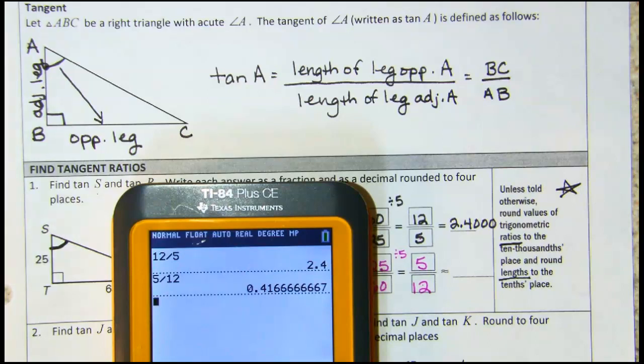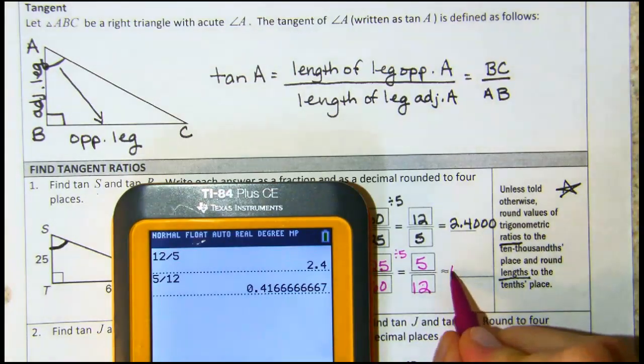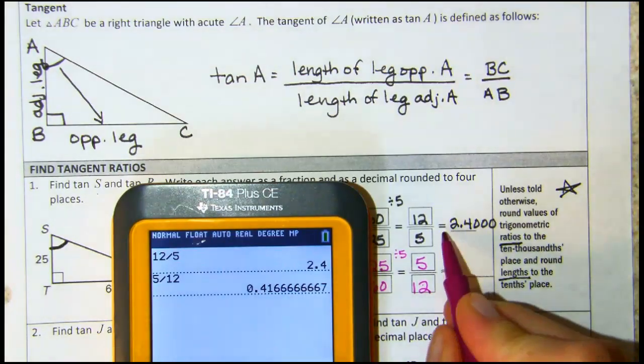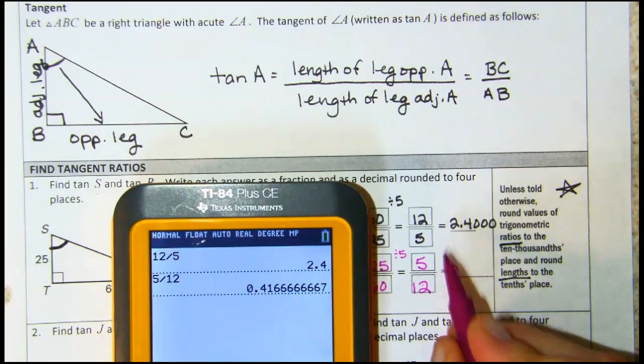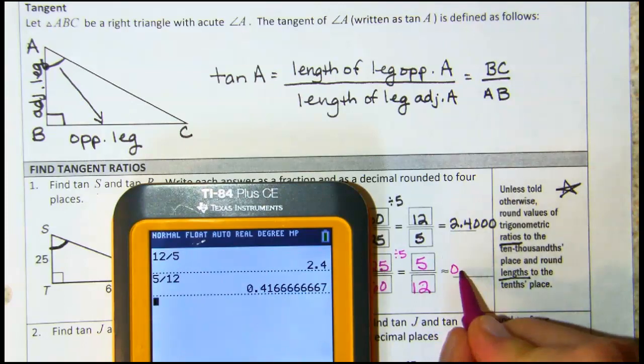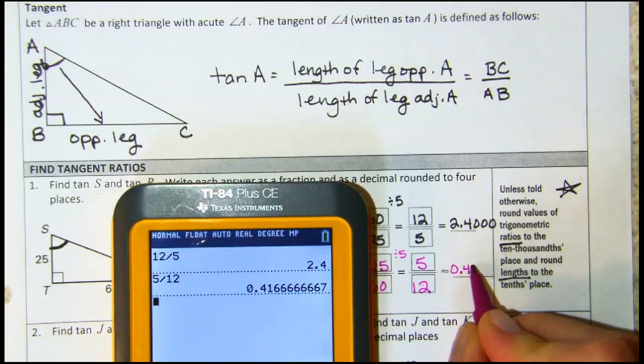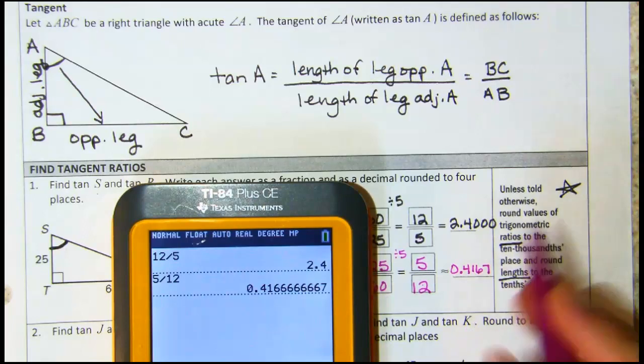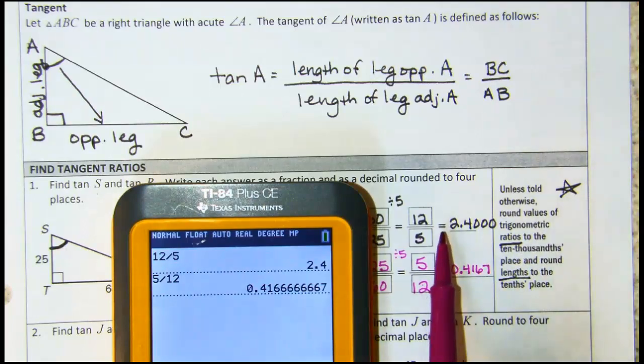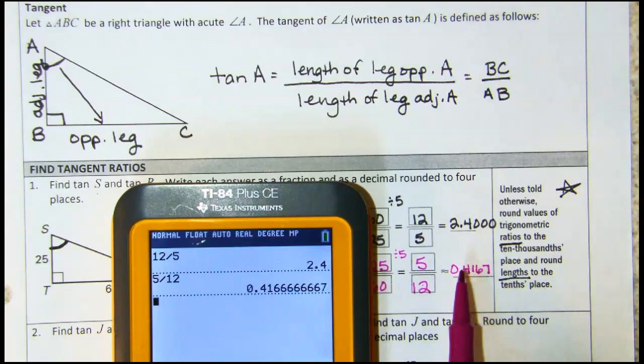Now remember, we have to do a fraction and then the 10,000th place. So we are going to say approximately. Notice how this one says equals, this one says approximately, because we are truly going to follow rounding rules. So this is 0.4167. It's these little details that I need you to pay attention to. Equal sign, approximately.